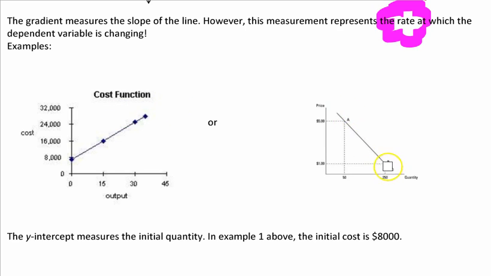Over here with this line, with this function coming down, it's talking about comparing the price to the quantity, so we might be purchasing items, and we can see if we only purchase 50, it's going to cost $5. If we're going to purchase 250, then it costs $1.